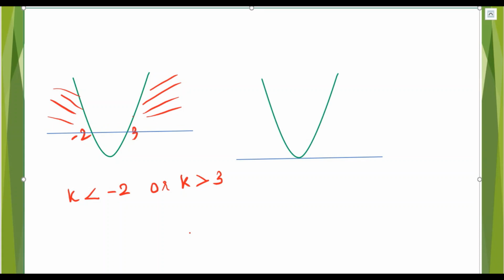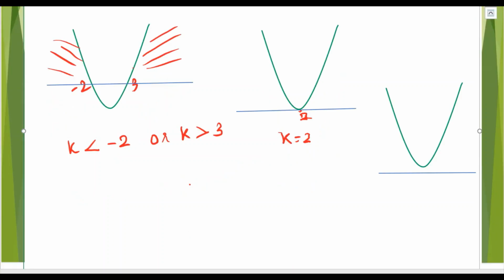In this case, b square minus 4ac is equal to 0. The quadratic touches the line. So the point of contact, suppose this is 2, so we will be writing k is equal to 2. So this is the third case, b square minus 4ac is less than 0, and we can see the quadratic is not touching or crossing the line.